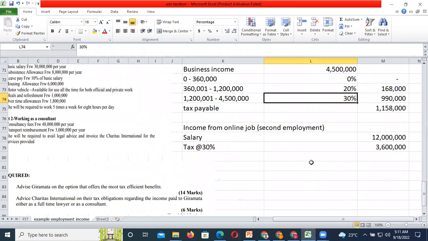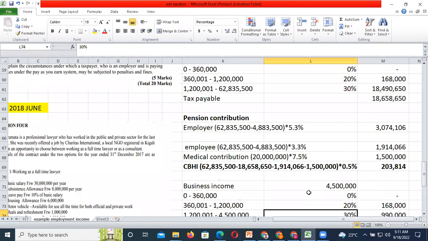Yes, Cedric. You want to get information on how we computed the CBHI, and I'm saying when we are calculating the CBHI, the tax base is the net salary. That's the tax base to compute the CBHI. And how are you going to get the tax base? You will get the total gross income minus the payee or the employment tax, minus the contribution to medical, minus the contribution to pension.